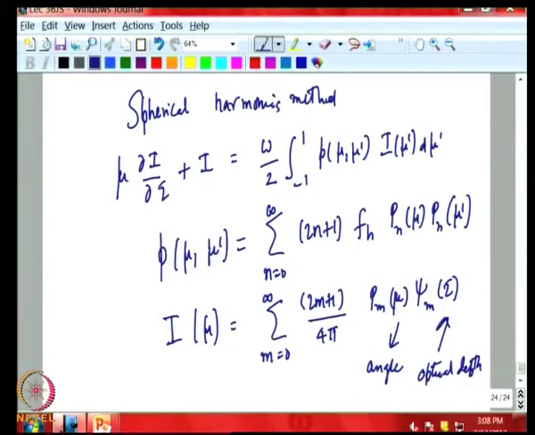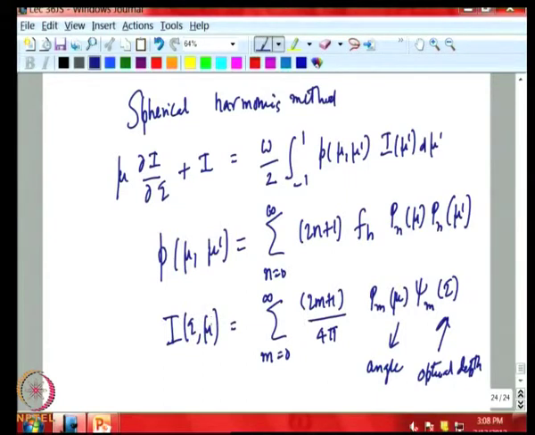So, here we are separating the dependence of the intensity on optical depth and the dependence of the intensity on direction. We are assuming that we can represent the dependence of intensity on both optical depth and angle.